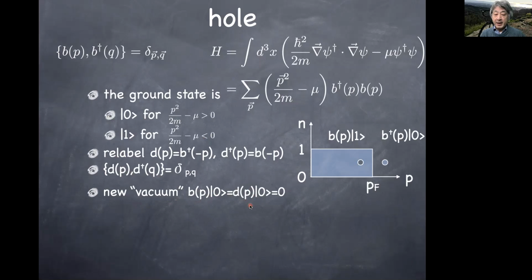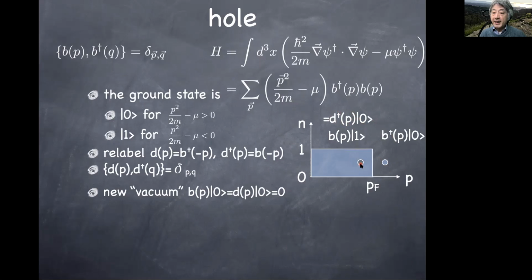So D of P is the annihilation operator of the hole, which is the same thing as creating a particle here. D dagger of Q is the creation operator of the hole, which is the same thing as removing a particle. And if you do it this way, this B_P of 1 is now rewritten as D dagger of P of 0, namely a creation of a hole and particle in pairs.